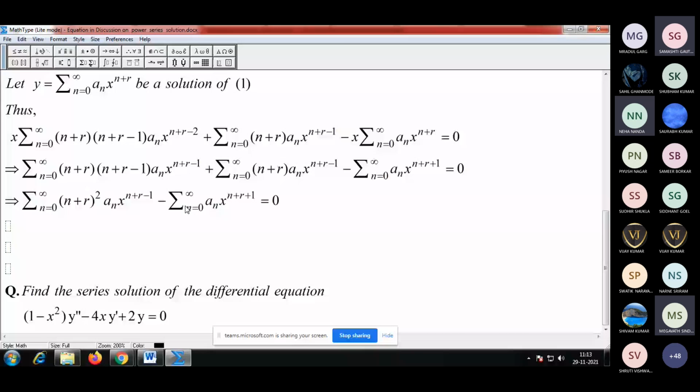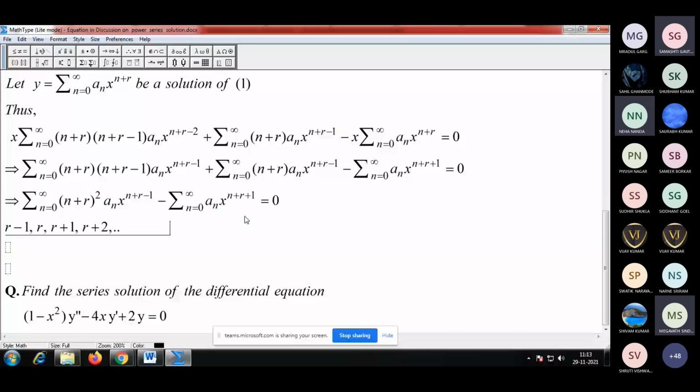But the second summation starts from x power r plus 1, then r plus 2, and so on.